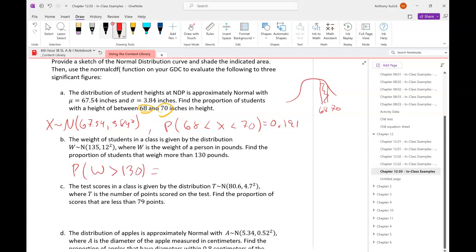Did you guys get 0.662? Rounded to 3 sig figs. No?